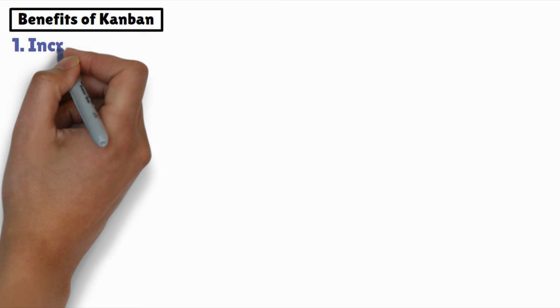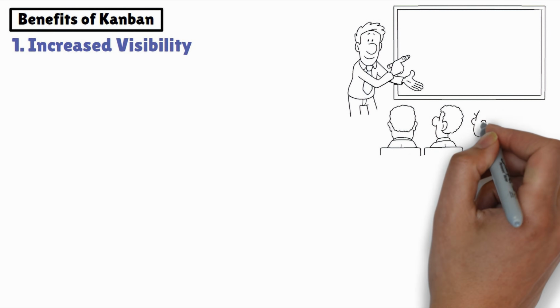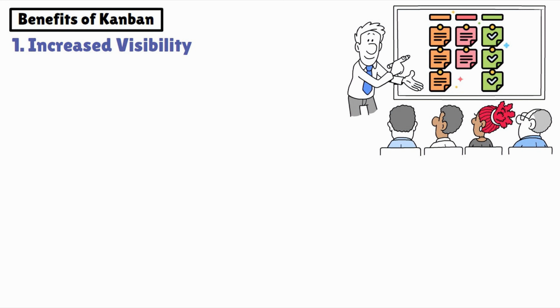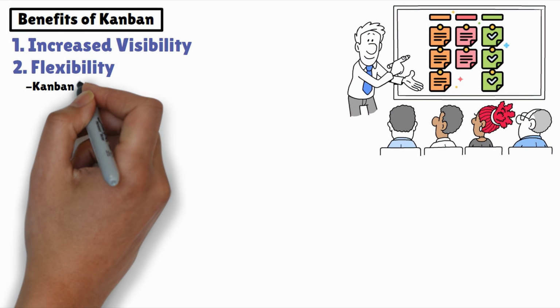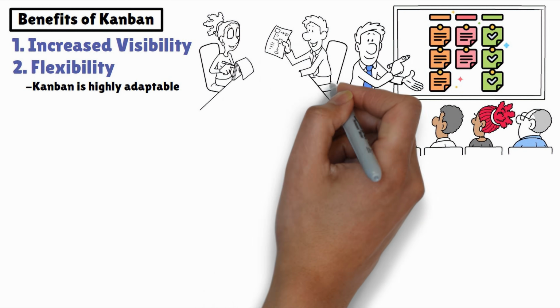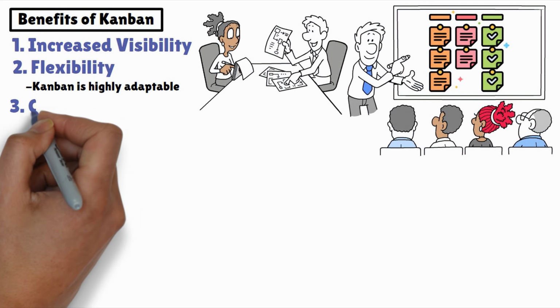Kanban offers several benefits. 1. Increased visibility. With a visual board, team members and stakeholders can easily see the status of each task at a glance. 2. Flexibility. Unlike Scrum, Kanban is highly adaptable. Teams can add or modify tasks as needed without being constrained by fixed time periods. 3.